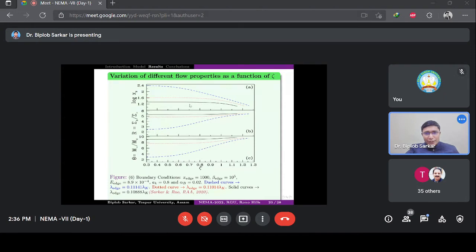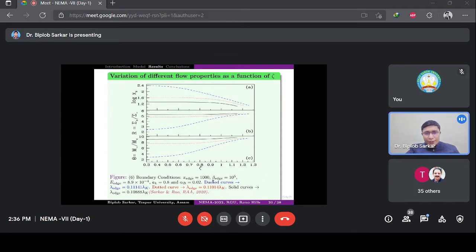For each of the cases, we find that as the zeta parameter is increased, the shock location is shifting towards the black hole horizon, and after a given value of zeta parameter, the shock location is not possible. Corresponding to the shock solutions presented here, the shock compression ratio and shock strength are also found to increase as the zeta parameter is increased.